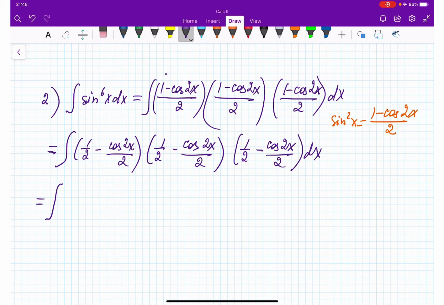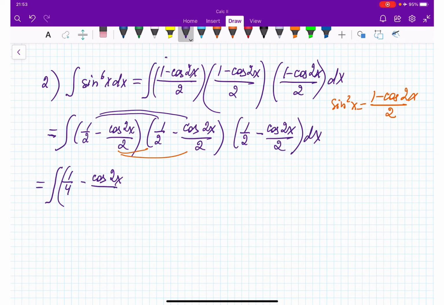Okay. So I'm multiplying first this and this, right? I'm getting 1/4 minus cosine 2x over 4 and minus cosine 2x over 4, right? This is our 1/4. This is our cosine 2x over 2x.